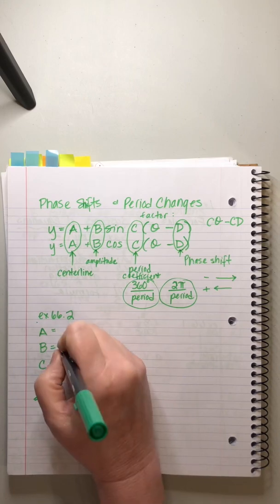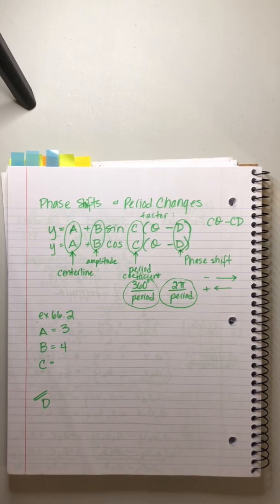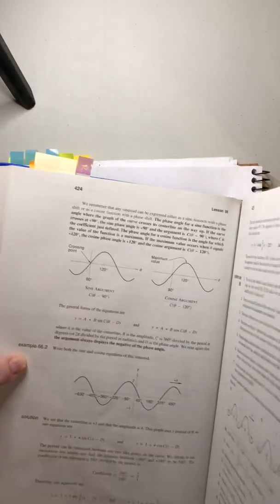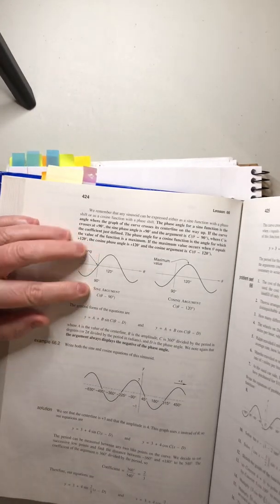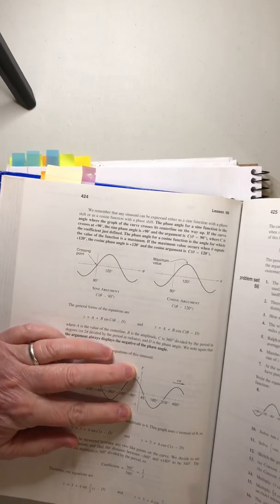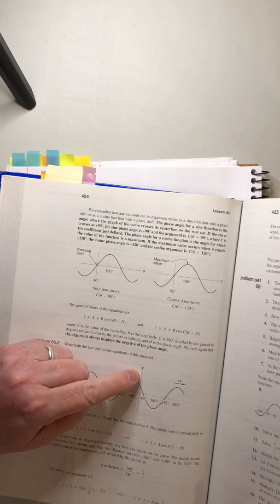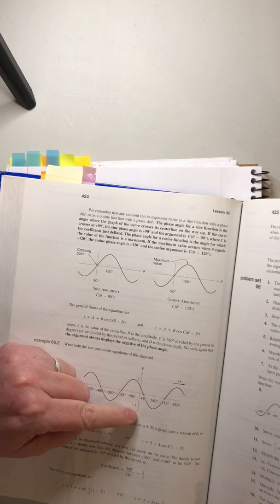The amplitude is 4, and the center line must be 3. I figure that because if it's 8, here's my picture. 8 is the total difference. I divide it in half, that's 4. That means I go 4 up and 4 down. So what number is 4 less than 7? 3. And then I double check it. 3 minus 4 gives me the -1.